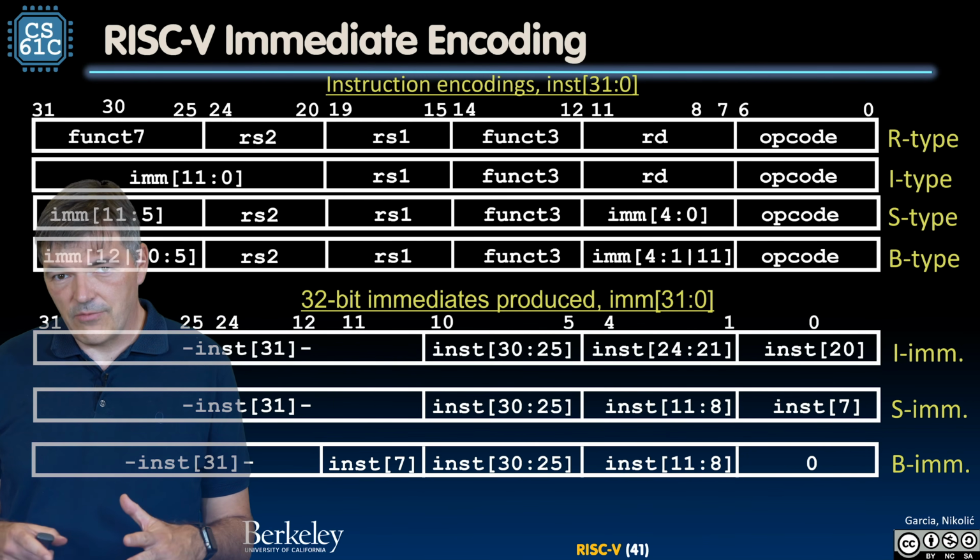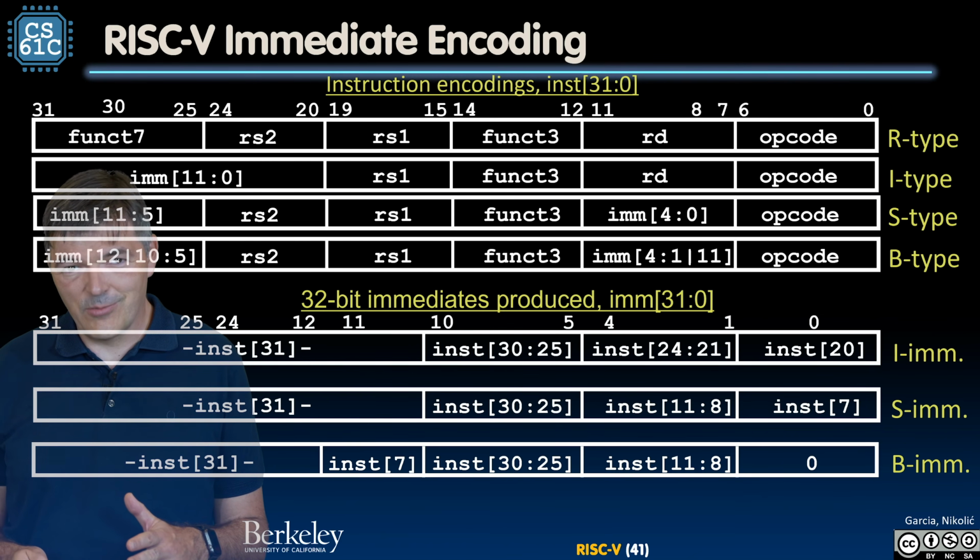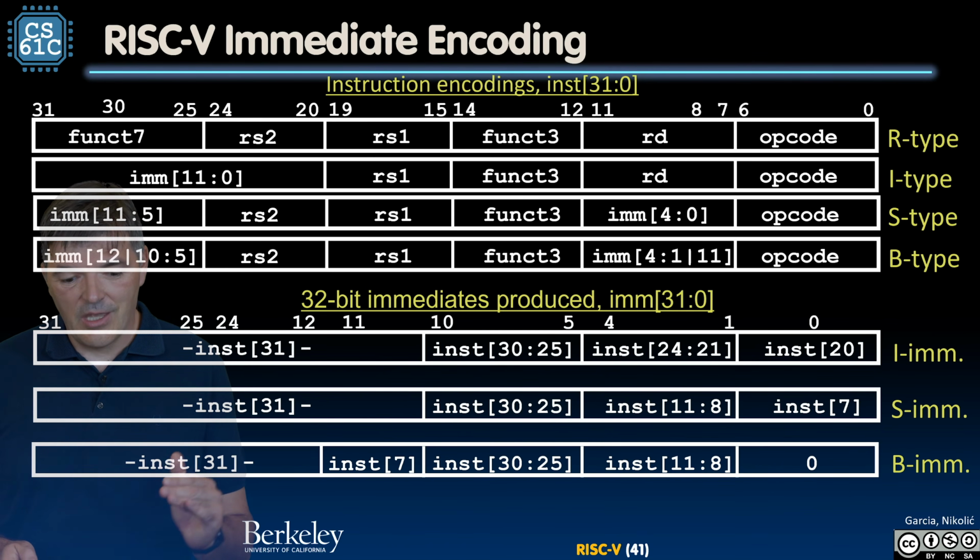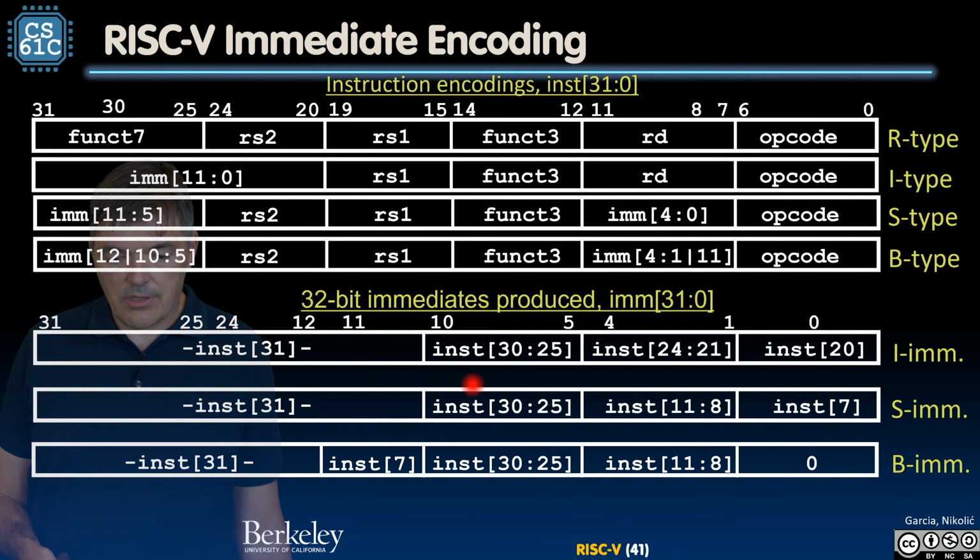Before we go and figure out exactly what would be the value of the immediate, let's figure out the reasoning for this kind of strange immediate encoding. So here are the 4 types of instructions that we have seen so far, and 3 of them have to encode immediates.